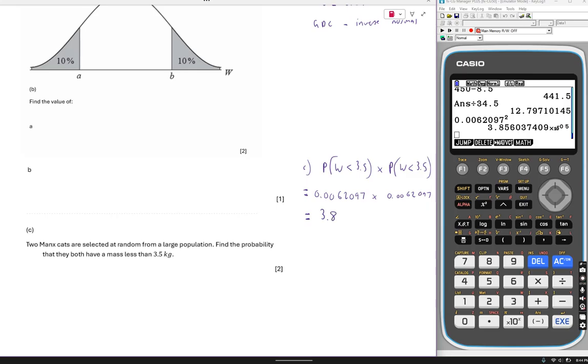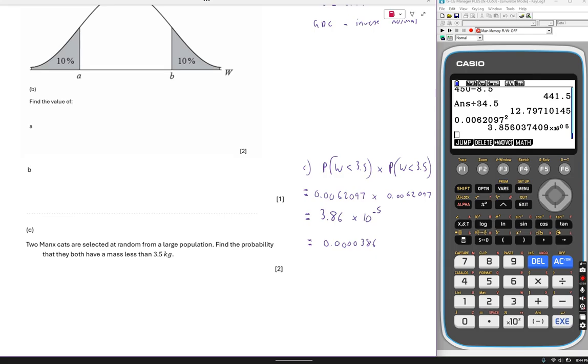So this is going to equal 3.86 times 10 to the negative 5. Or if we wanted to, we could also write that in decimal form. That's going to have 4 zeros. So 0.0000386.